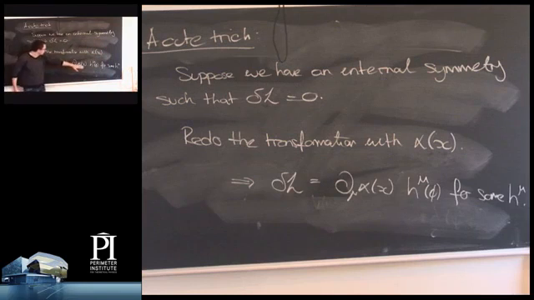Is that clear? This is the only kind of transformation you could have so that when alpha is constant, delta L vanishes, as it must for a symmetry.